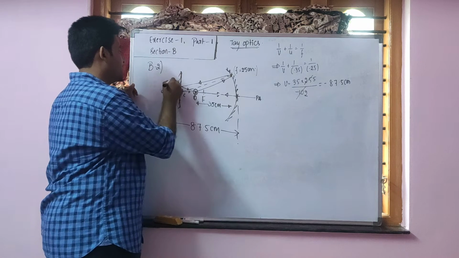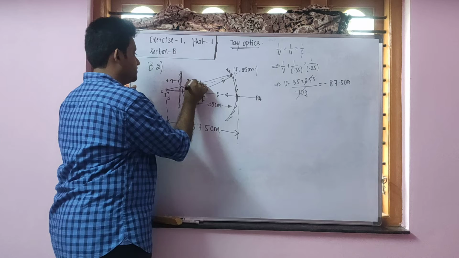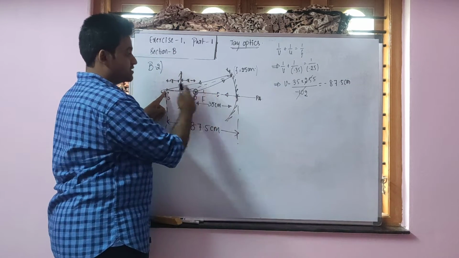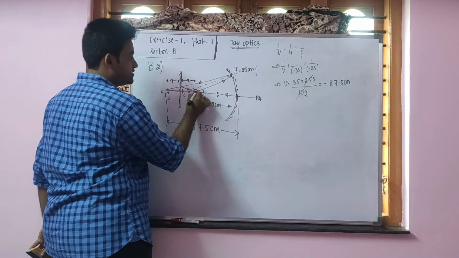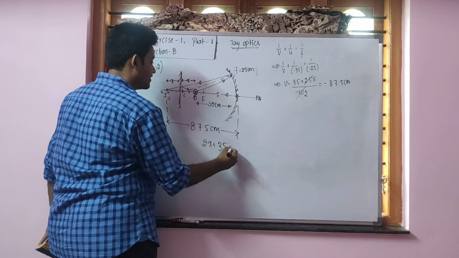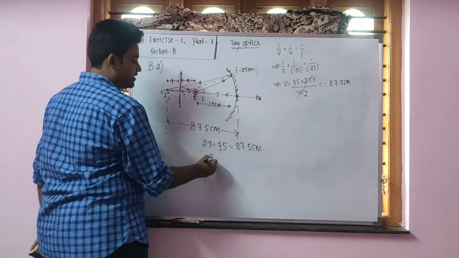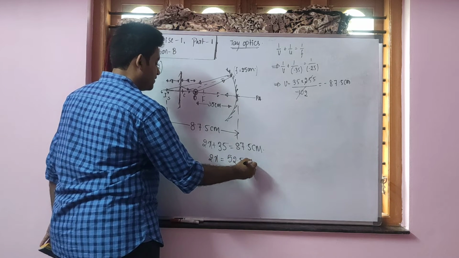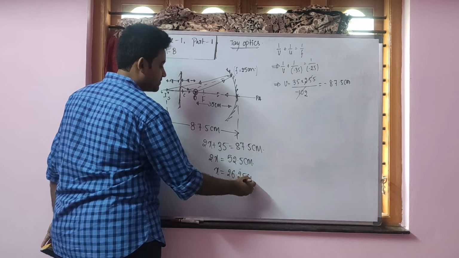We know that for plane mirrors, the distance of the object from the mirror and the distance of the image from the mirror should be the same. You can see this total distance. This total distance will be 2x plus 35, which we have calculated as 87.5 centimeters. So from here 2x will be equal to 52.5, which implies x will be equal to 26.25 centimeters.